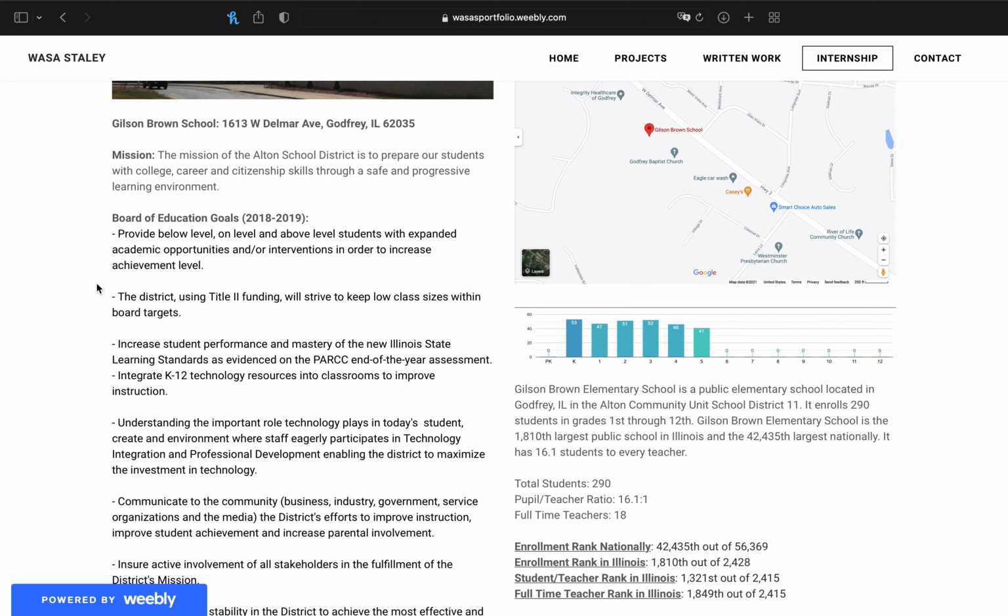My kindergarten class when I was in school, I think, was 15 students max, and they didn't really go much above that. But to have 25, or I think Hannah mentioned she had 23 at the same school, all of these class sizes are really big. And so I'm wondering what a low class size looks like to the board.